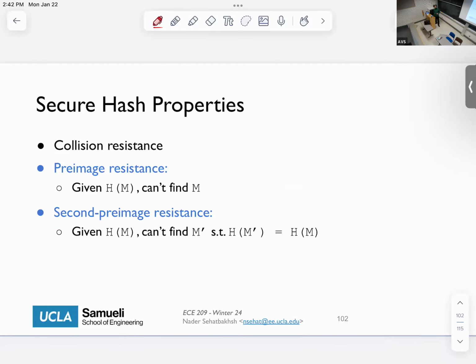There are also two other things that are important for us, which are derivations of collision resistance. That's what we call pre-image resistance and second pre-image resistance.